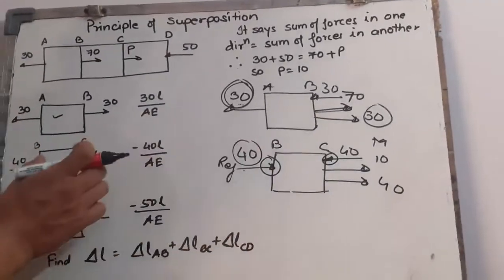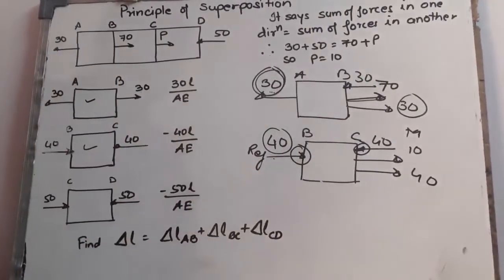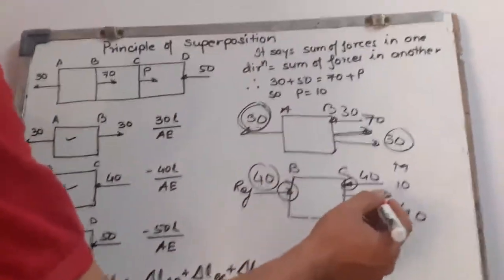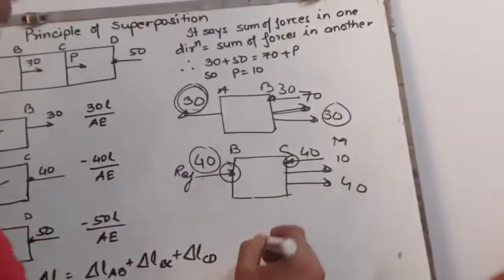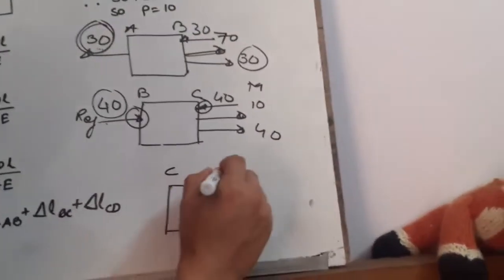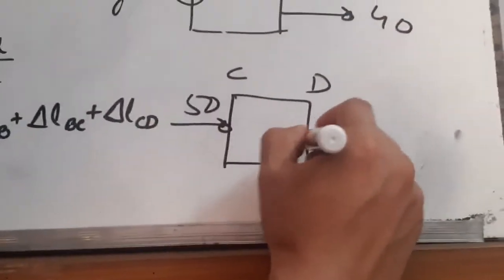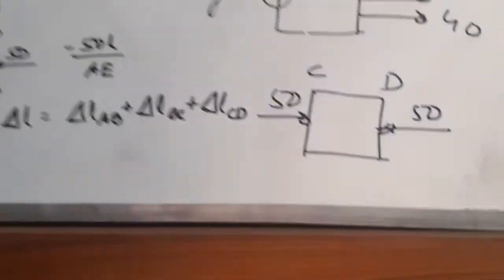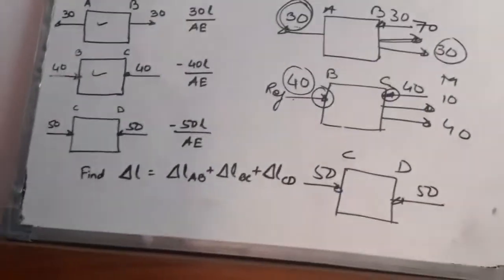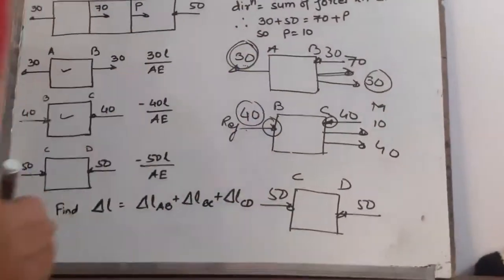So these two form the reference here, and still you can see that the principle of superposition is being followed. What is left is 10 in this direction, 40 in this direction. If you come to CD, you have 50 in this direction and this 50 is already there, so it is balanced. So you have all the three forces of magnitude 30, 40 and 50 acting like this.